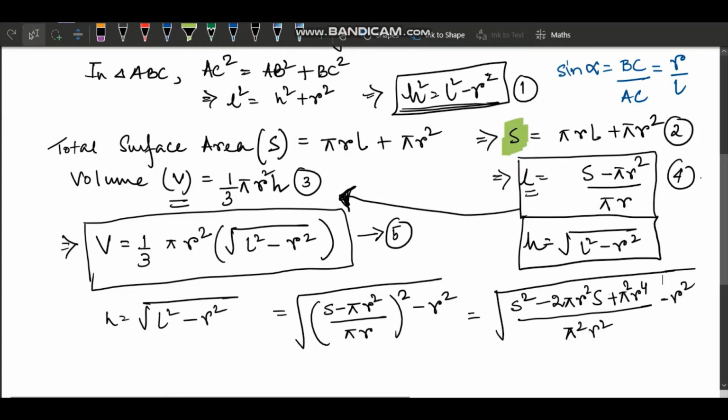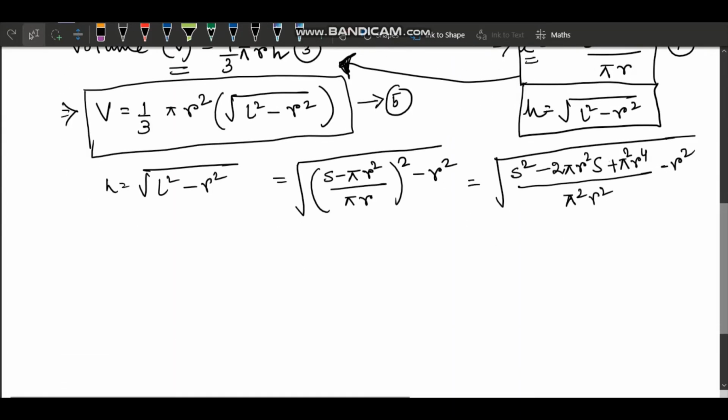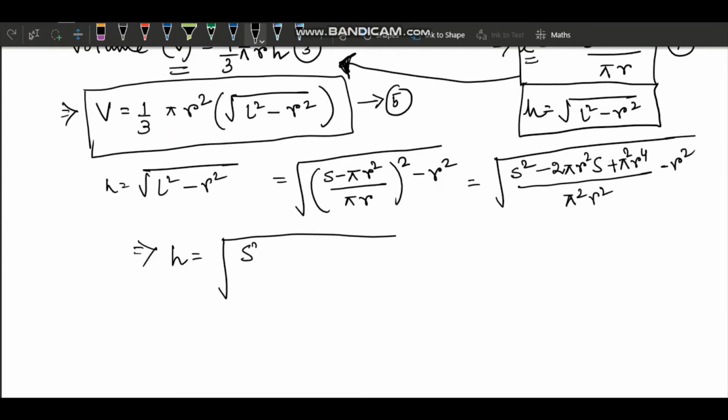So if we simplify further, we are getting h equal to root over of S square minus 2 pi r square S plus pi square r to the power 4 minus pi square r to the power 4, and this whole thing is divided by pi square r square.